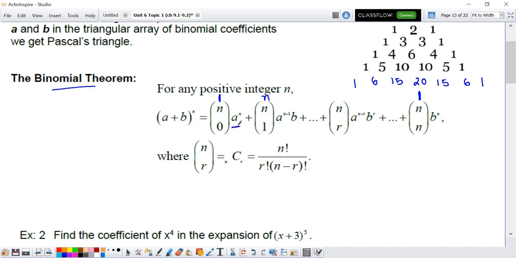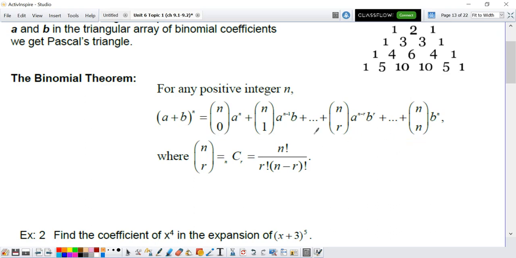You can see that the powers of a are going down, n minus 1 and onwards, and the powers of b are going up, b to the 1, b to the r. So it's the same pattern: powers of a going down, powers of b going up, and this is the way you find the coefficient.